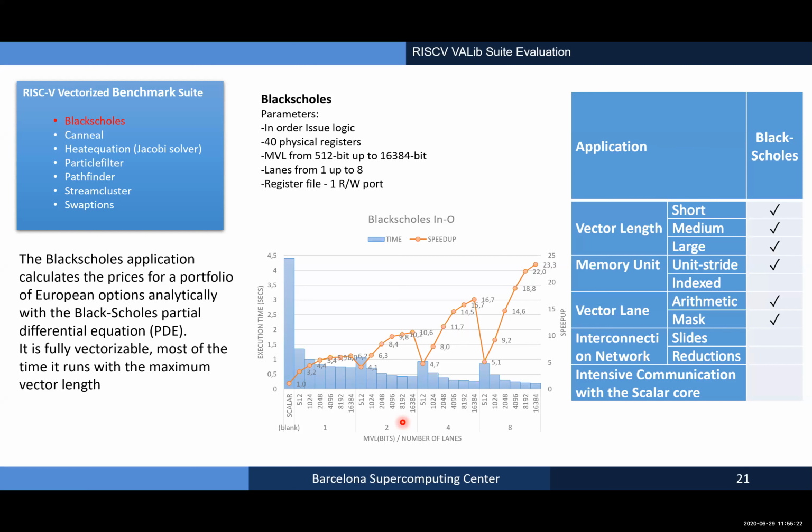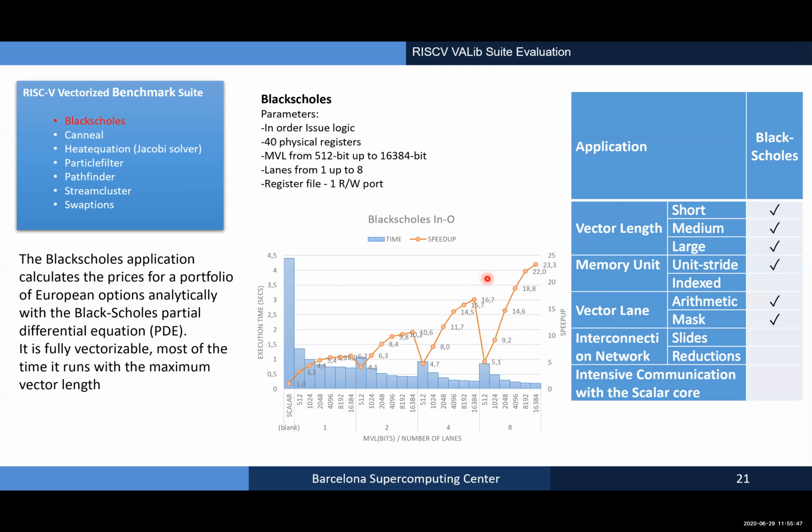For Black-Scholes, as you see, it scales very well because it's fully vectorizable, and most of the time it runs very well with the maximum vector length. So if you had a vector length of not only 16K but 32K, 64K, it may be able to scale well with that too.